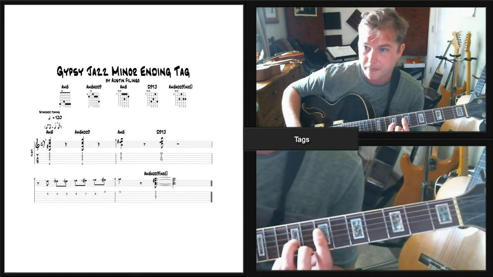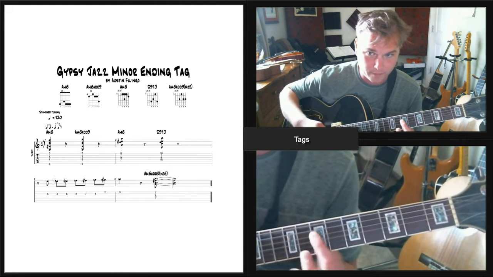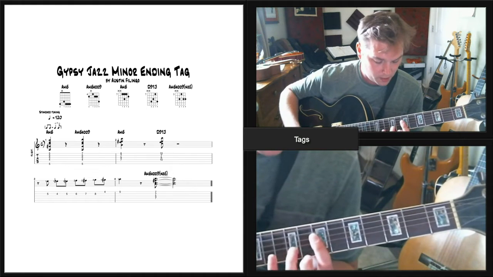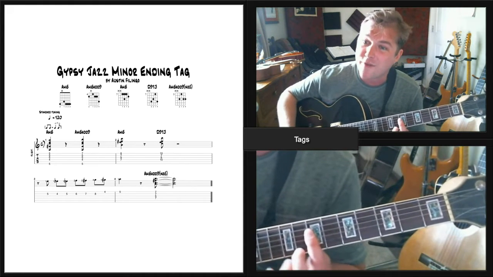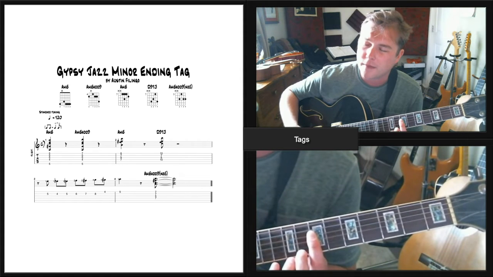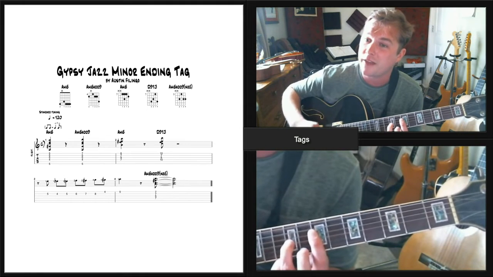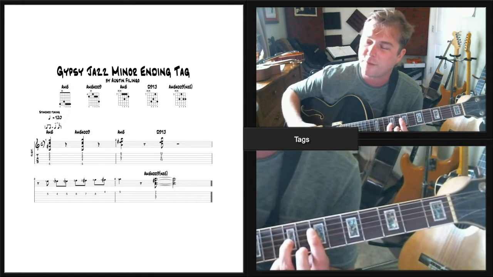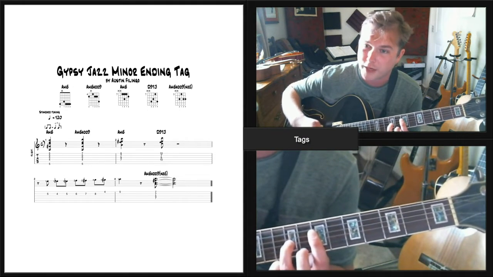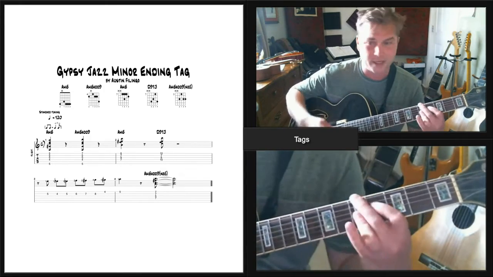Then I put my bar on the 7th fret, 1, 2, 3, 4. And on the 8th fret, you have your 2nd finger on the 1st string, 8th fret, the C note. Then you have the E note, which is the 9th fret of the 3rd string, with your 3rd finger, right? So that's really the trick. This is pretty easy.